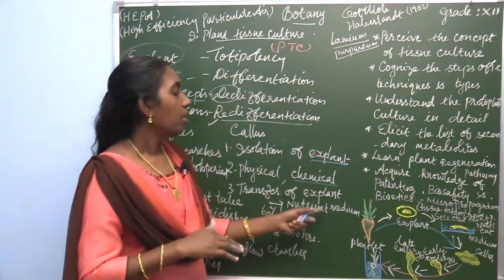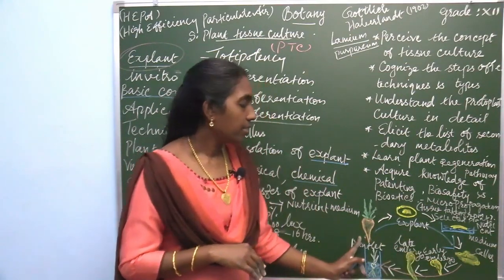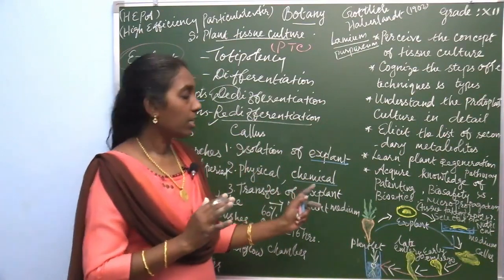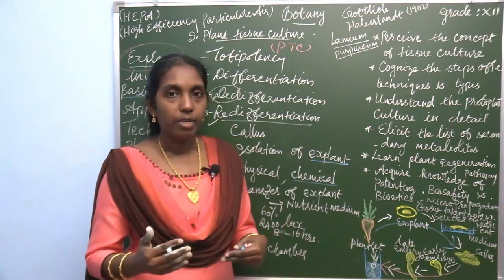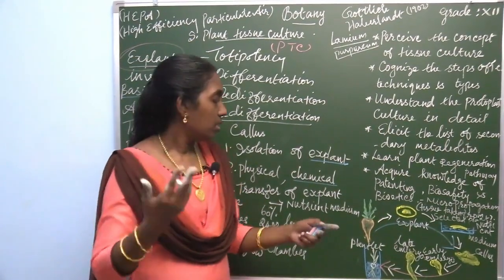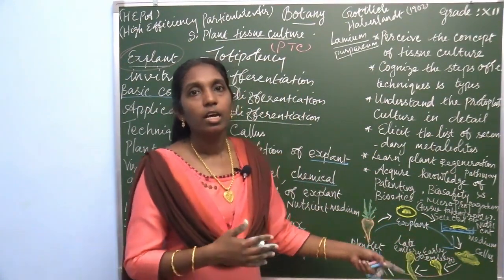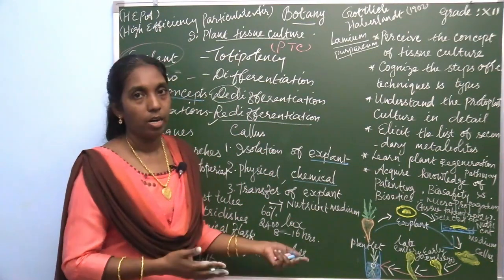So the techniques, in the next class you are going to learn in detail. Just remember what techniques are involved: sterilization, the nutrient medium, sterilization of the nutrient medium, formation of callus, incubation, inoculation, and hardening. The final process is hardening.